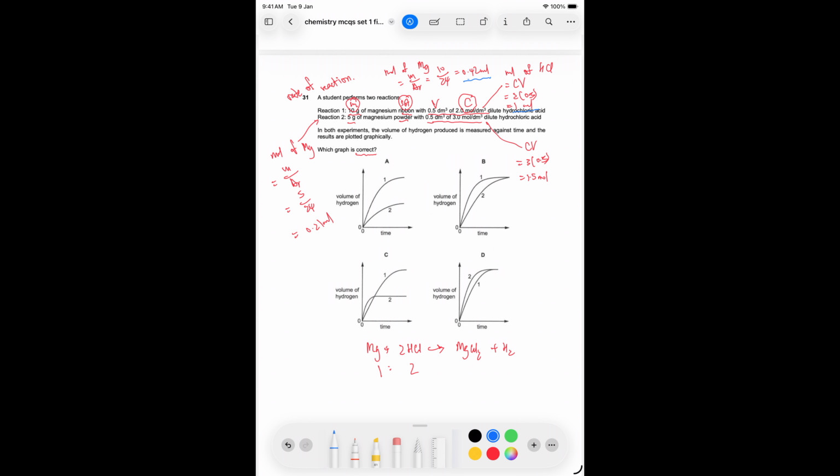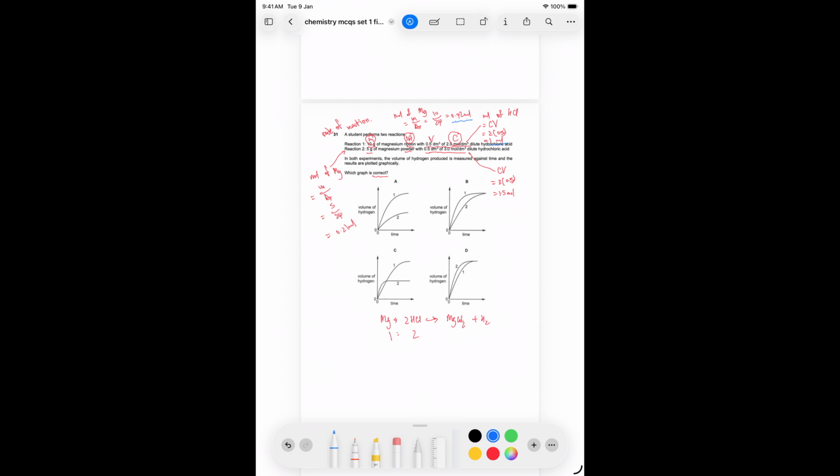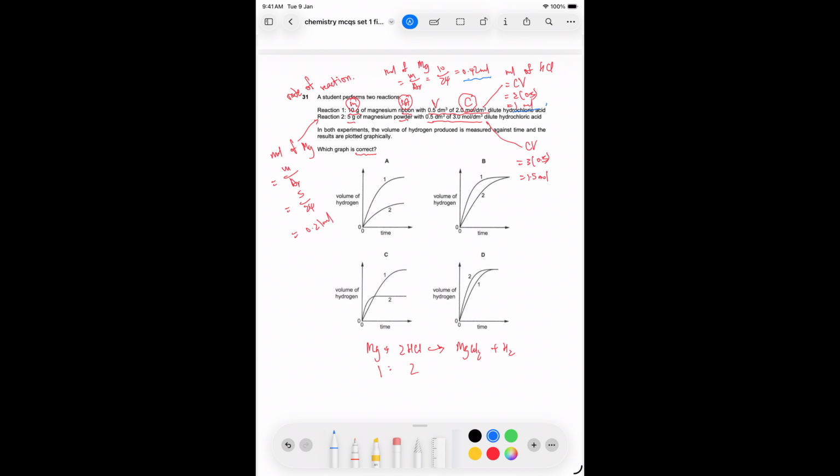In this case you will have excess acid, so your magnesium will be your limiting reactant.